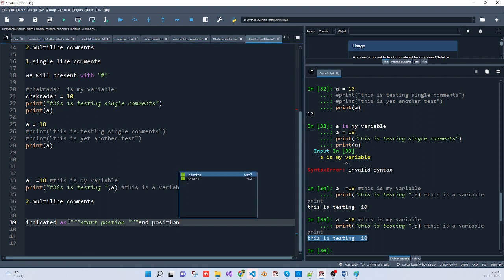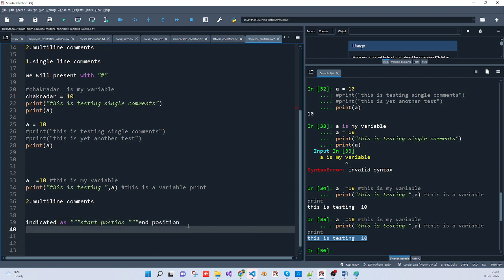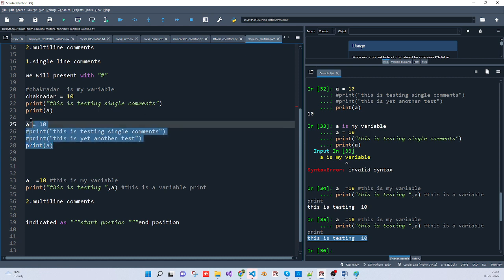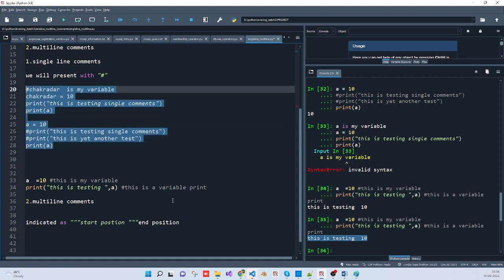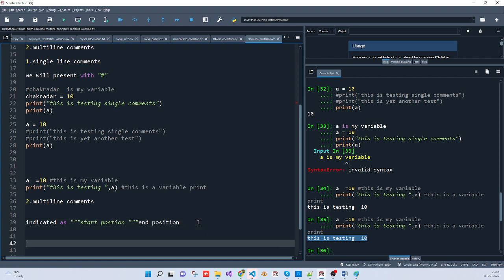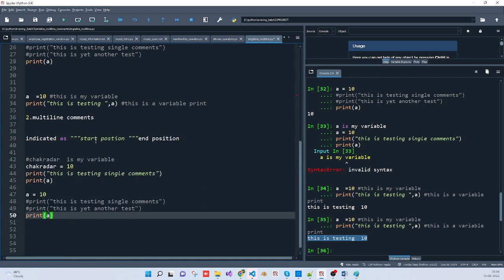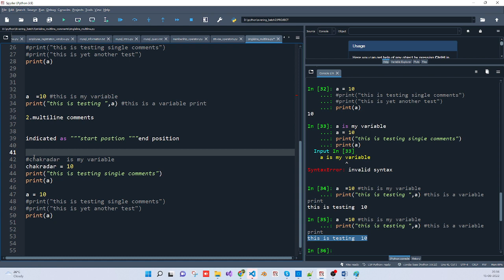You need to use them like this. Now observe the output. I want to comment all these lines. This is something like my small block.